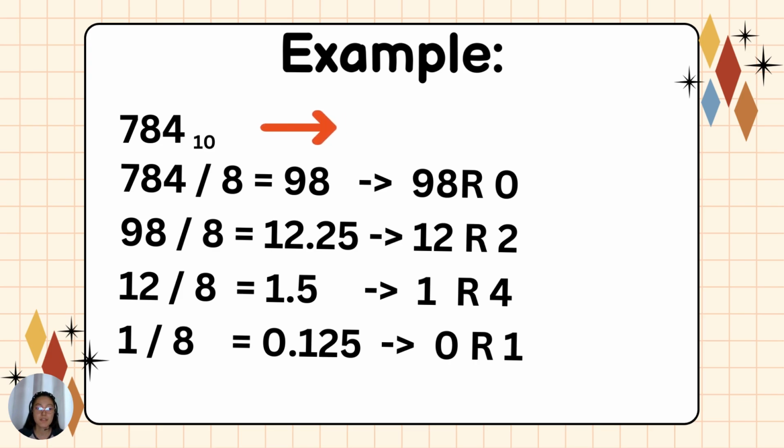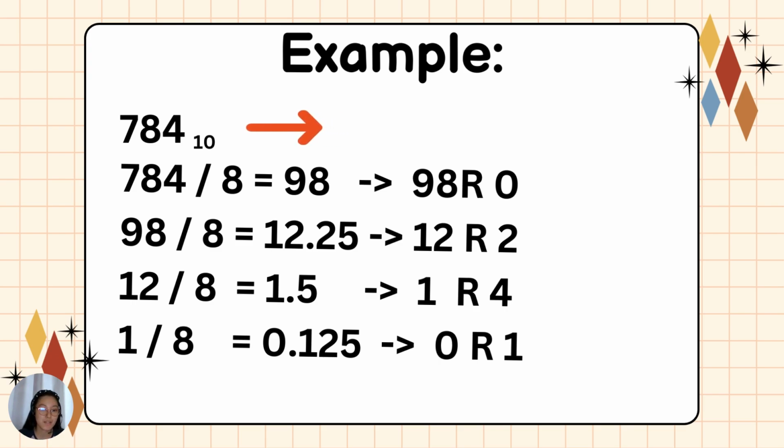So there is a decimal point, or a remainder. So we will write first the whole number and multiply 0.25 by 8. So 8 times 0.25 is 2. So we will write there 12 remainder 2.